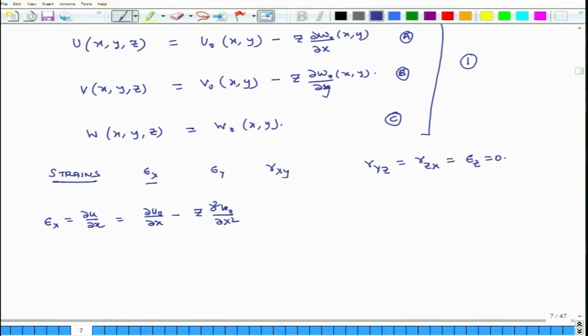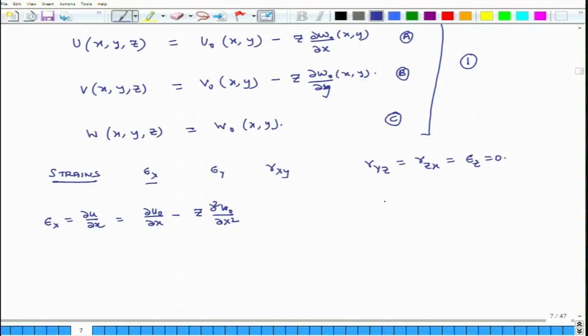I am just omitting terms in parenthesis because this is getting repetitive, but u is a function of x, y and z, but u naught and w naught do not depend on z, they are the values of displacement functions at the mid plane. So, they only vary with x and y, they do not depend on z at all. This again I wanted to specify.